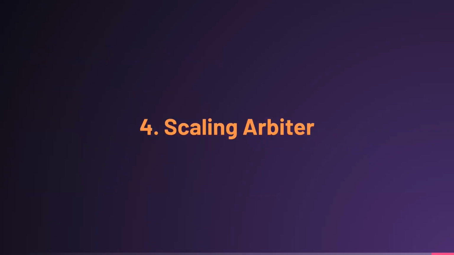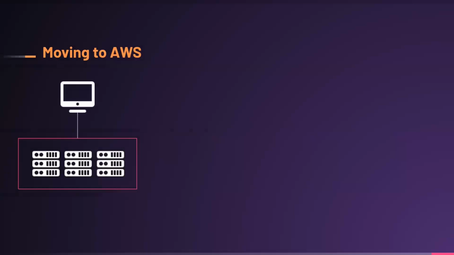Thanks, Stephen. So in this section, I'm going to discuss the need to move to a cloud-based architecture to facilitate that kind of scaling, the problems we encountered in doing so, how we solved the problems, and the final architecture of Arbiter. In our prototype of Arbiter, we had multiple Node.js Express servers running on a single machine in a monolith architecture.